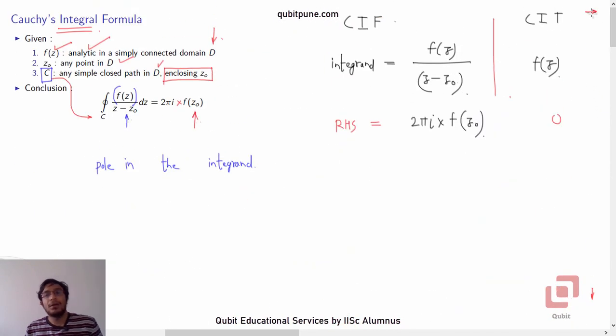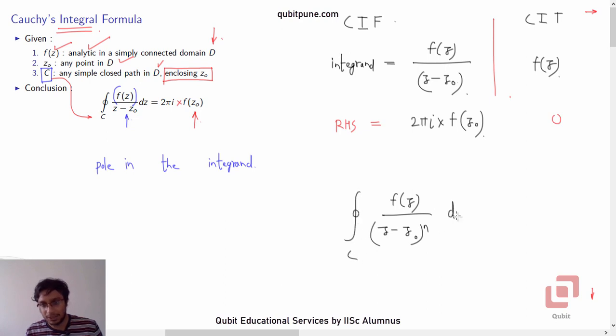Now quite often it so happens that our integrand consists of multiple factors of z minus z0. So we will now try to find out whether there exists a way to find such integrals. Notice that the only difference between the pole of this function and the pole of this function is the order.